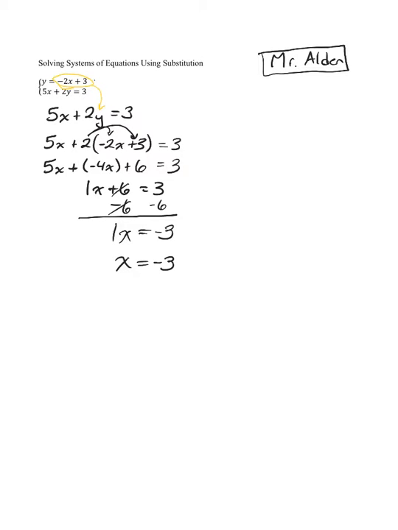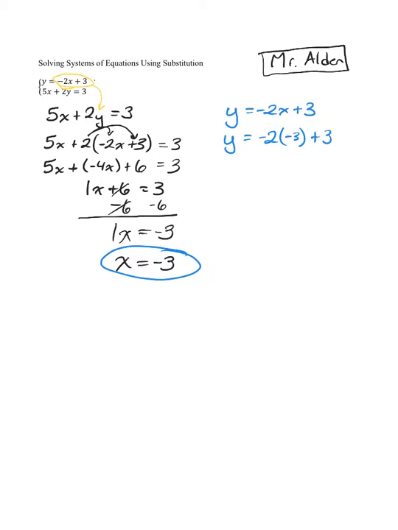Well, now that we know that x is equal to negative 3, we can now figure out what y is. And so to figure out what y is, I'm going to use that first equation. So I'm going to say y is equal to negative 2x plus 3. Well, I know x is equal to negative 3, so I'm going to substitute that for x.